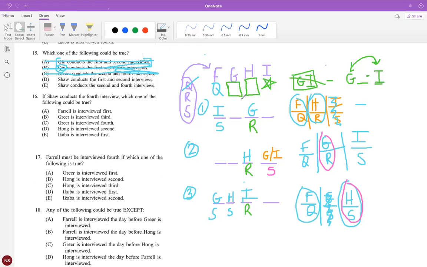Awesome. Why didn't it work in the first world? The first and second interview, okay. Because of H and J. Because of H and J?